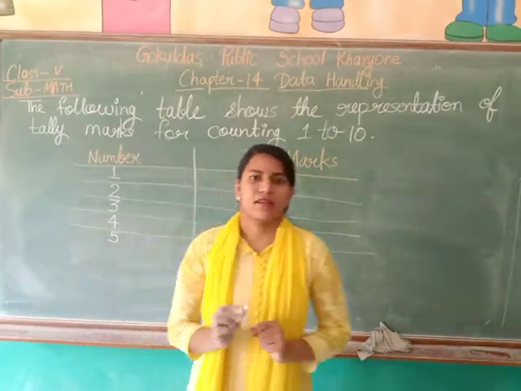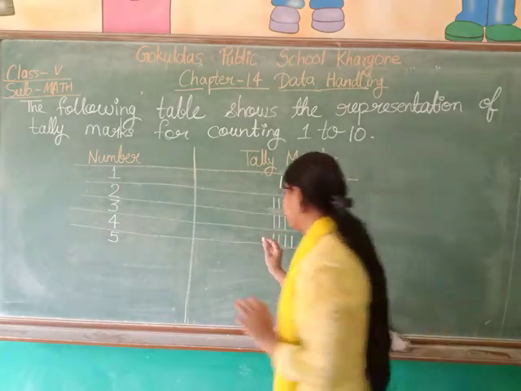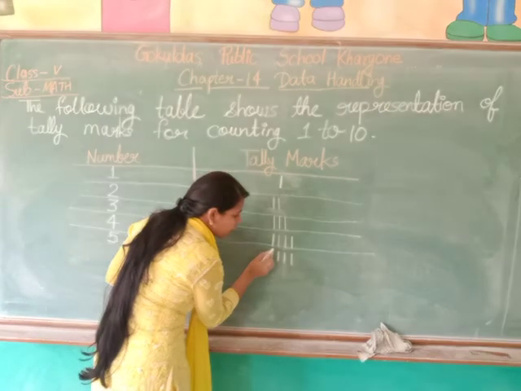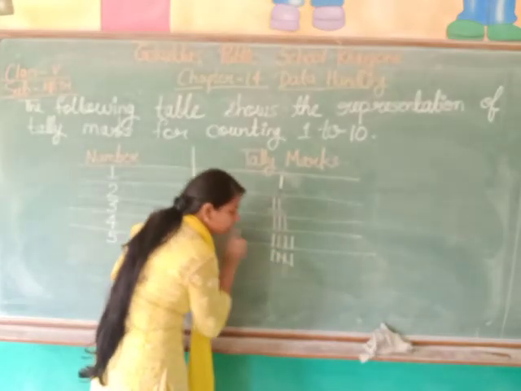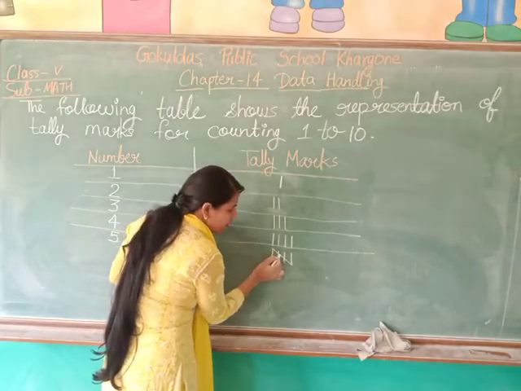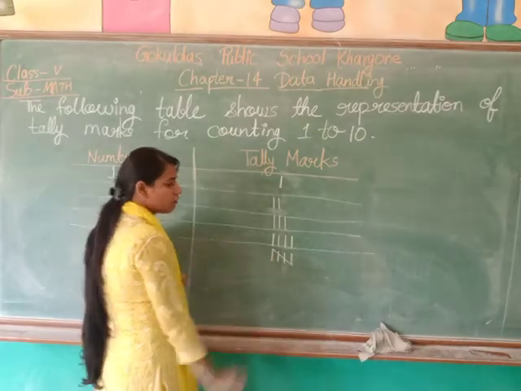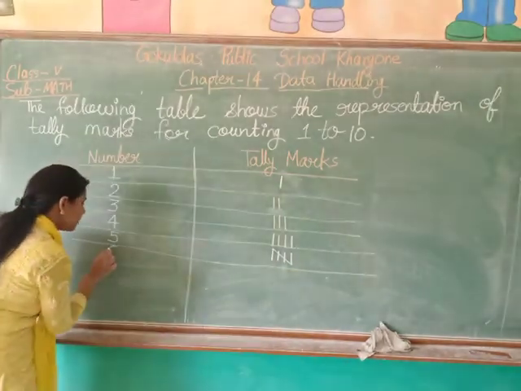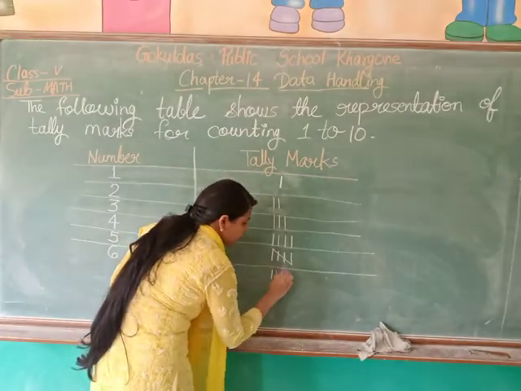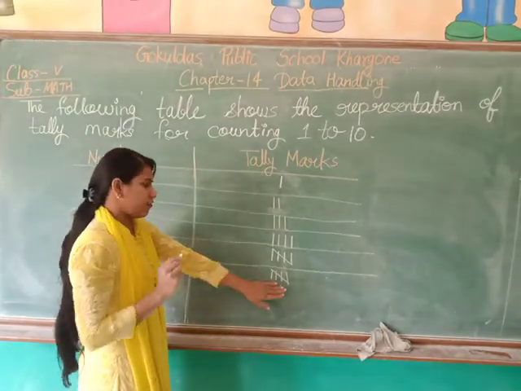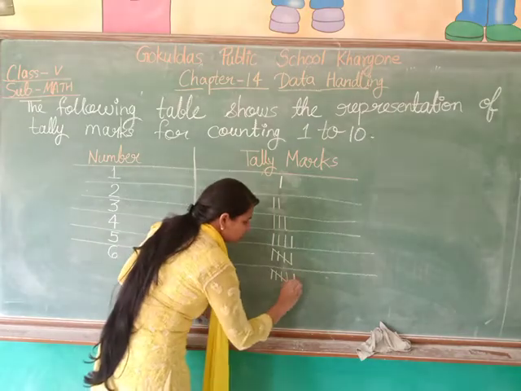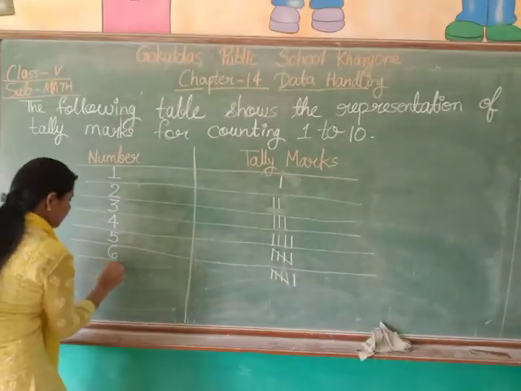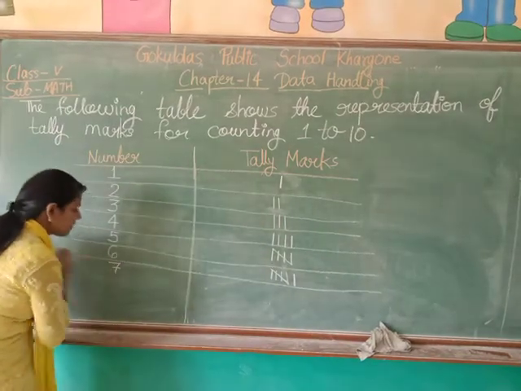So as we know, we show tally marks in groups. Next is 7.